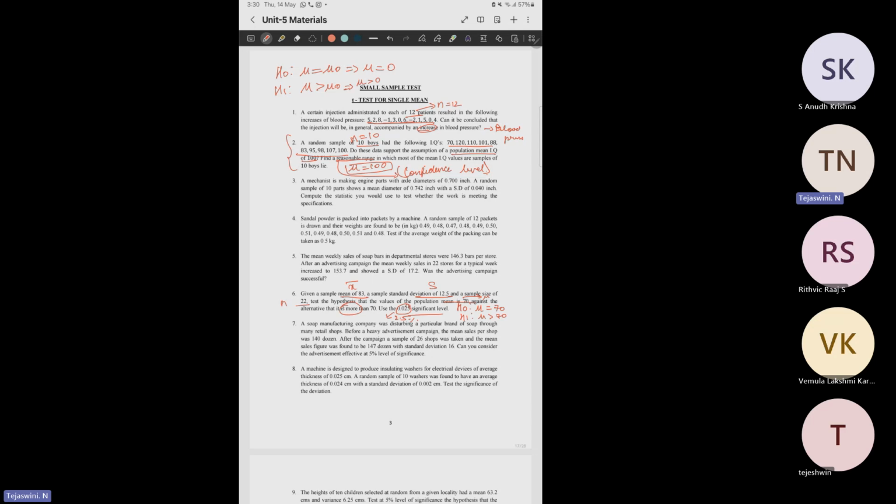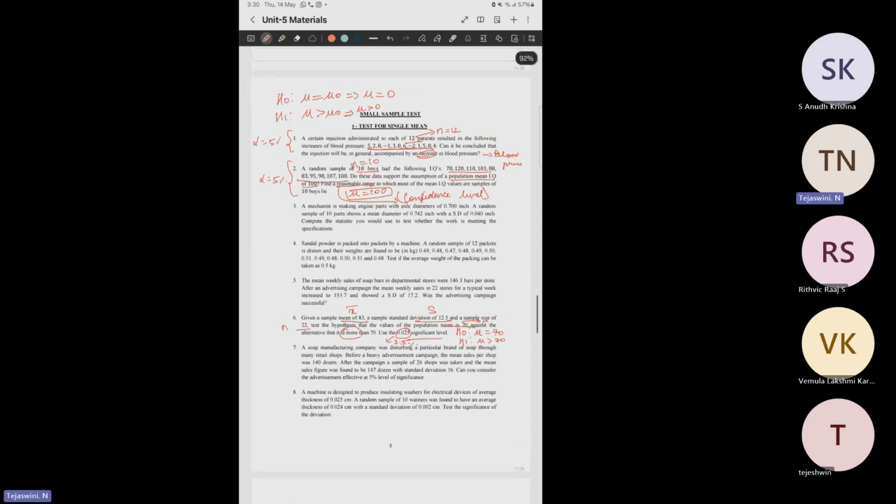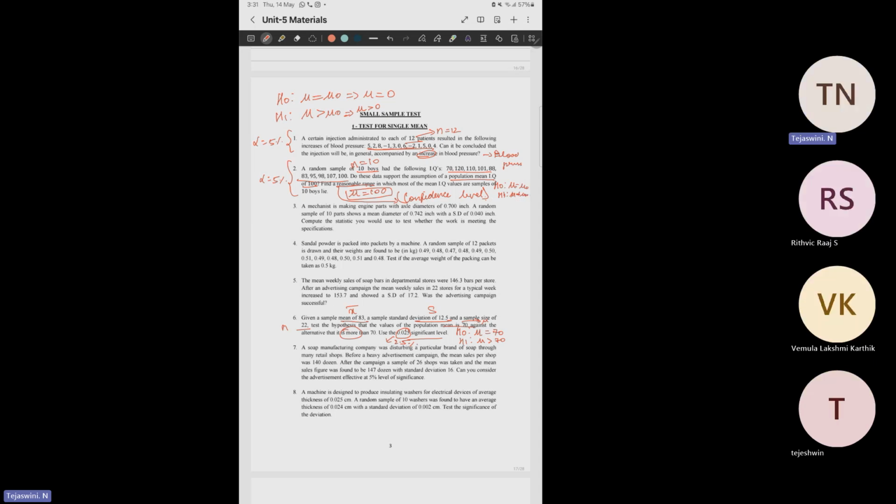Since the level of significance is not given to us directly, we'll assume it to be 5%. Here also the level of significance was not given to us directly in the first question, so we assumed it to be 5%. Since they did not ask whether there is any increase or decrease in the second question, our null hypothesis will be mu is equal to mu naught, and mu is not equal to mu naught will be the alternative hypothesis.